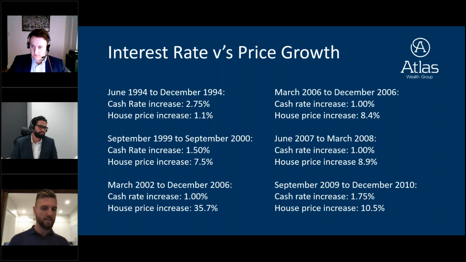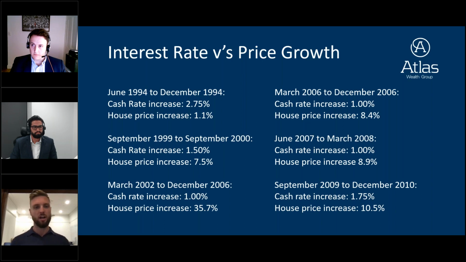As we can see, whether we look at June 94 to December 94, or September 09 to December 2010, each time the cash rate has increased, we've still had different levels of property price growth, which essentially shows that Australia's housing is not just driven by what the RBA is doing with interest rates. There are a lot of different factors that push housing. One of the really big trends we're seeing at the moment is, although interest rates have increased dramatically, due to the complete lack of really good quality stock, there has been a strong uplift on prices.